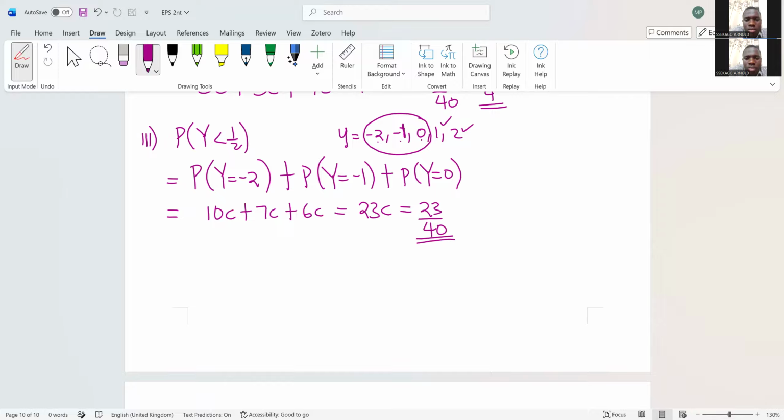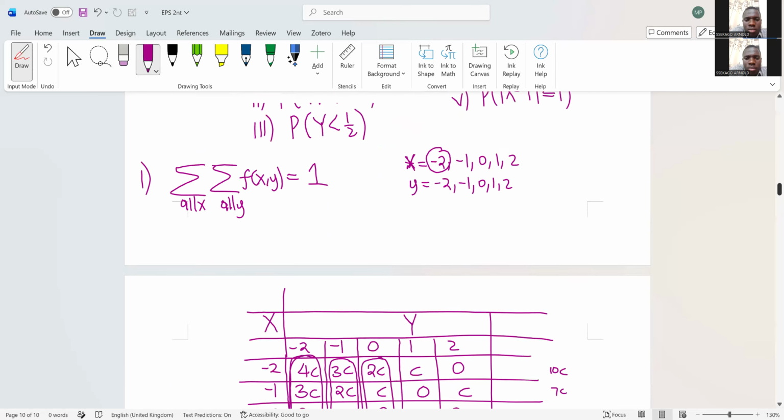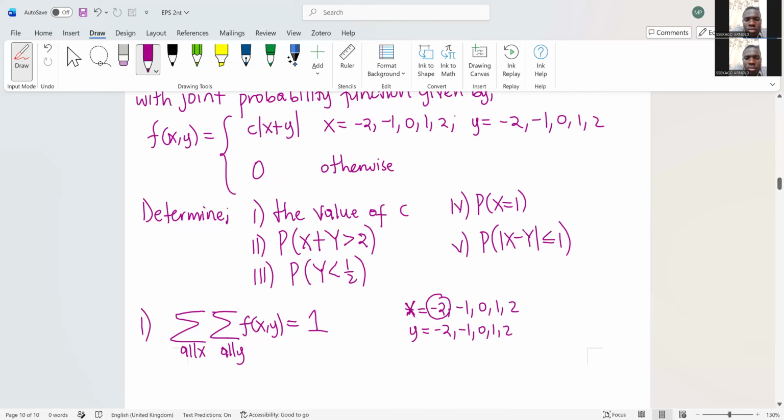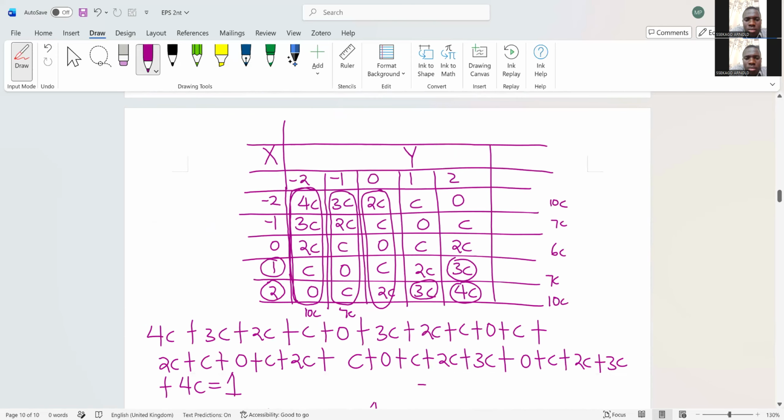Then for part D, part 4, that was the probability of x equals 1. Now x is fixed. X equals 1. X is fixed as y is varied. I have explained that case. X equals 1 is here.